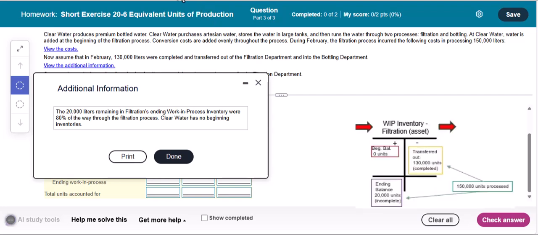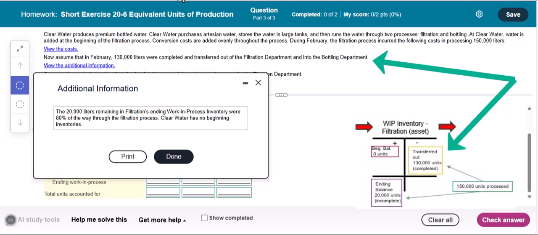So let's go to my slide showing the T account. Over here it says during February, the filtration process incurred the following costs in processing the 150,000 units. So we know that we process this total 150,000 units. Some of them were finished and some of them were unfinished, and therefore are still in the department at the end of the period. It says 130,000 liters were completed and transferred out.